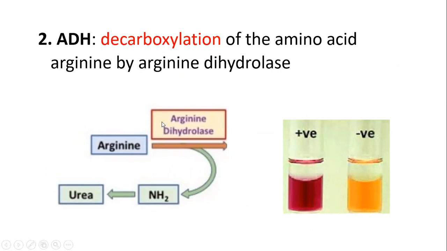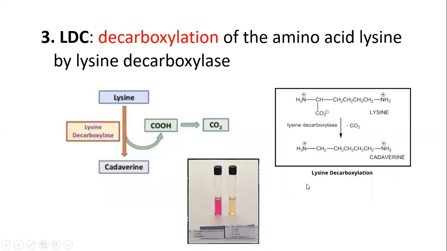If our bacteria has arginine dihydrolase, it will remove the COOH group, the carboxyl group, from the amino acid, and NH2 will be produced. After that it will be converted into urea, and the color will be pink.